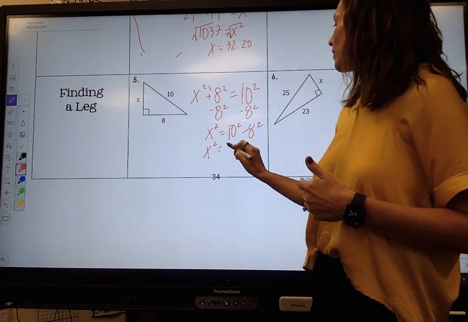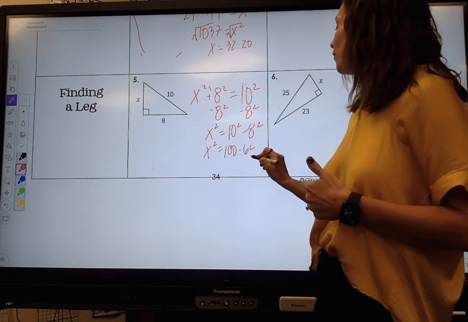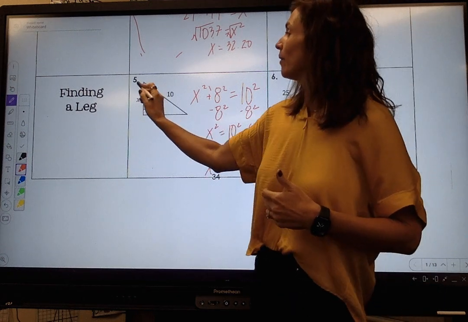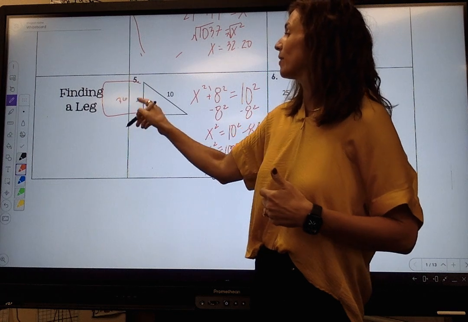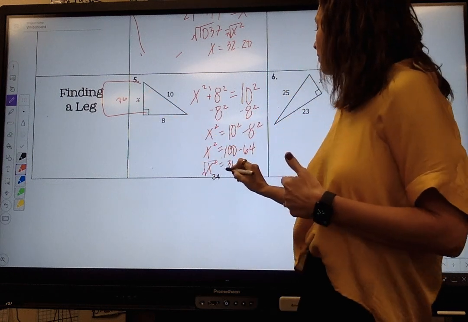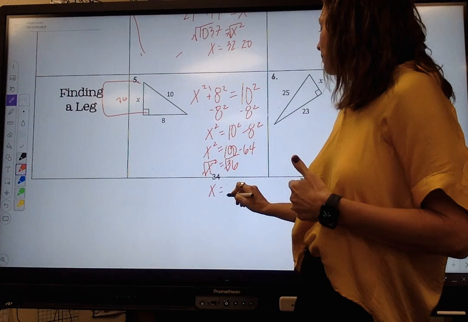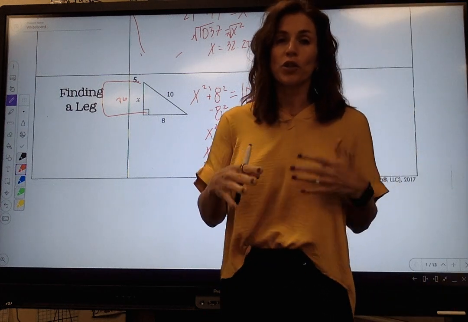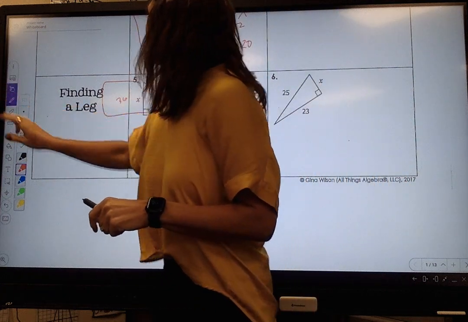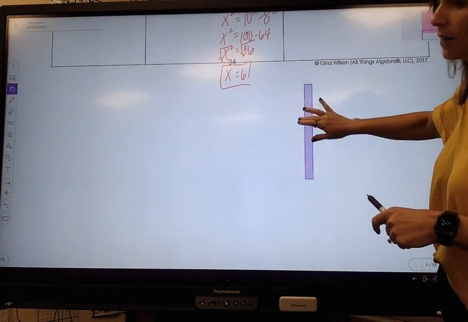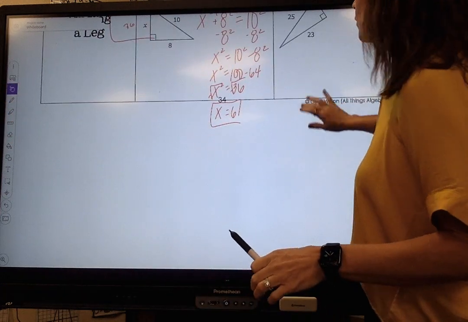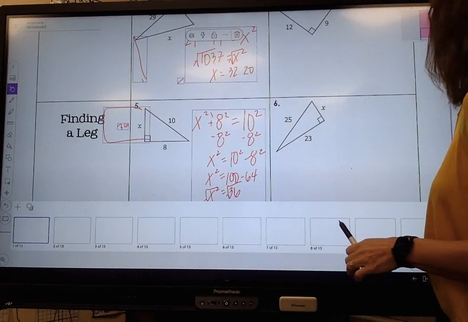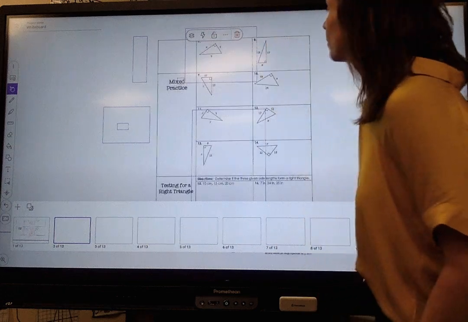So then x squared is going to be 100 minus 64, which is 36. But I don't care about the whole area being 36. I just want one leg. So I'm going to take the square root, and x is going to equal 6. So as long as you have that formula and you just plug in the numbers, you're going to be good to go. Let's go on to the next page.